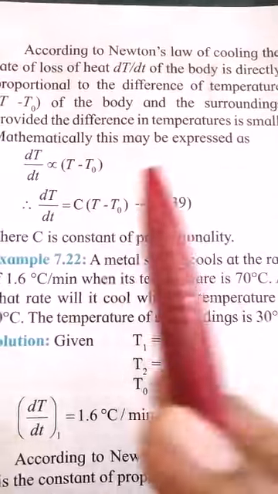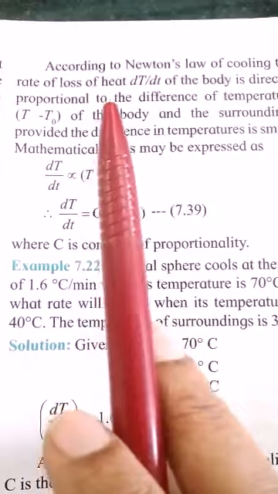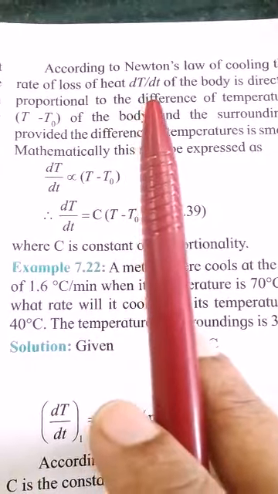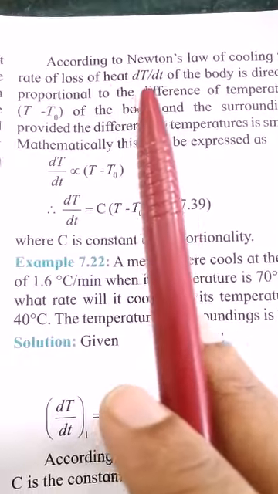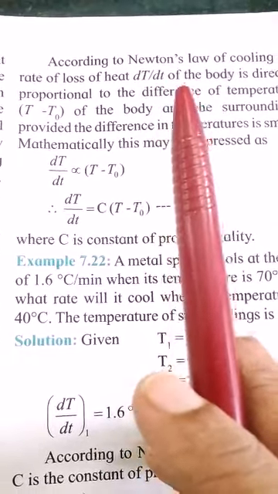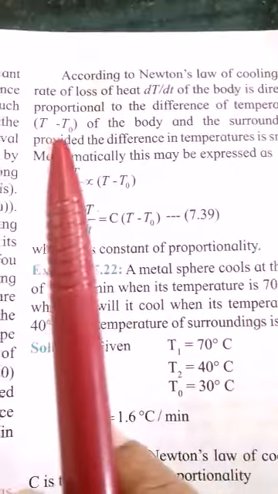Now the next point is Newton's law of cooling. The statement of Newton's law of cooling is: the rate of loss of heat, dT/dt, where T is temperature and t is time, of the body is directly proportional to the difference of temperature, T minus T naught.